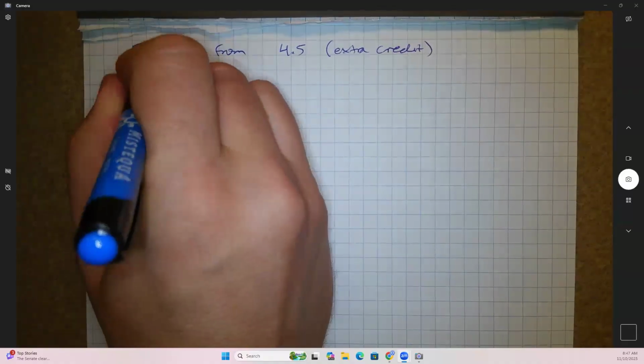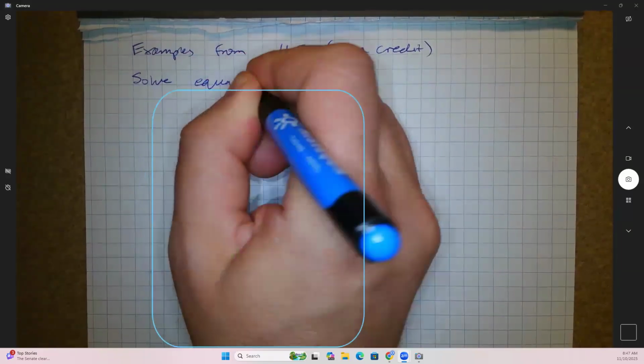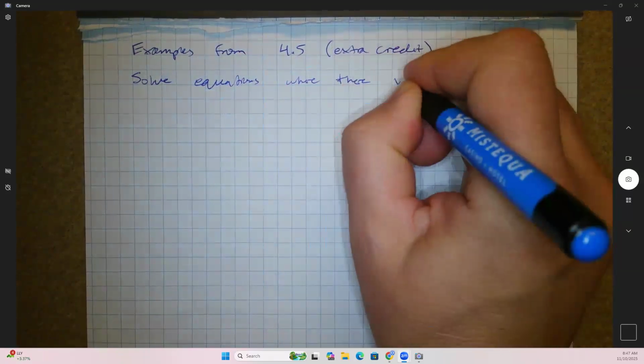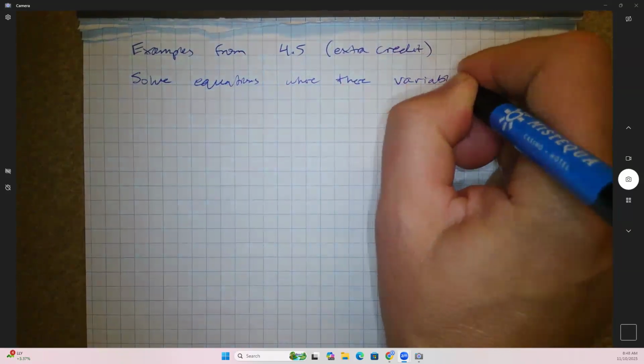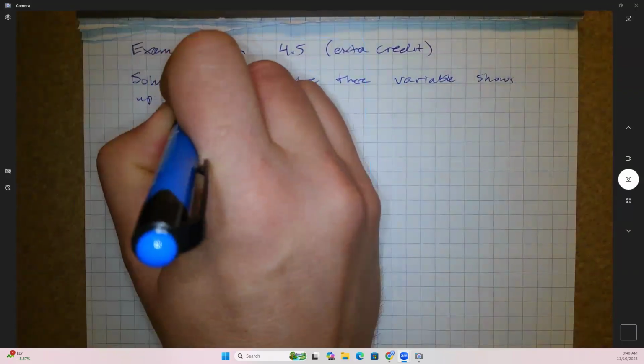And here in 4.5, we're going to be solving equations where the variable shows up more than once.